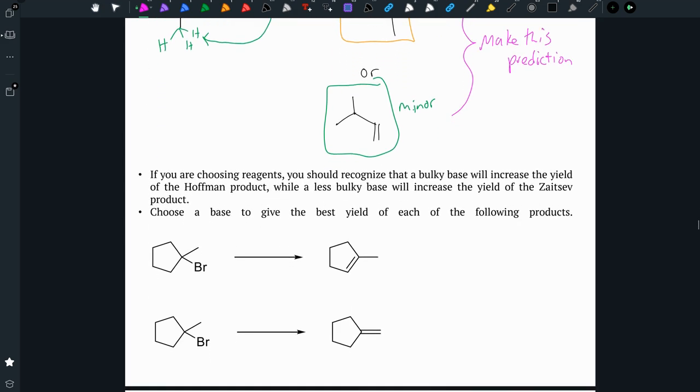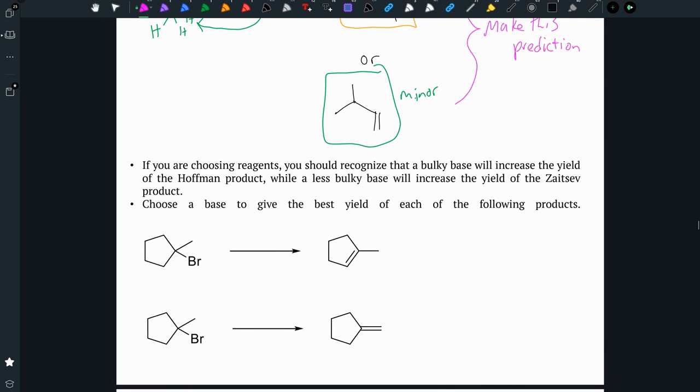If you find yourself in a situation where you need to choose the best base to make a specific product, if the product you want to make is more substituted, so if it's a Zaitsev product like this one down here, then choose a smaller base.